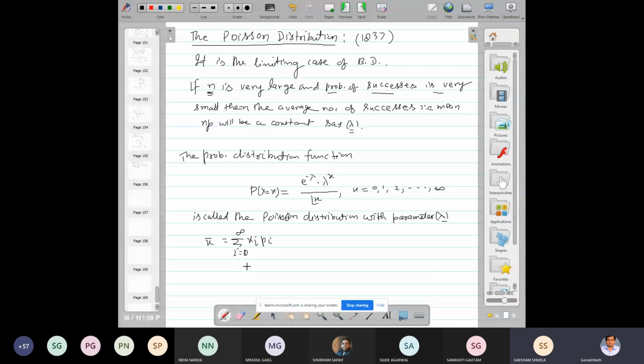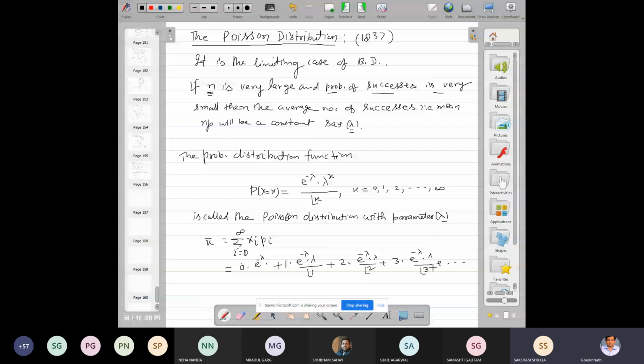For x equal to 0, the first term becomes 0 into pi, where pi is e to power minus lambda, lambda to power 0 upon factorial 0, so 1, plus 1 into e to power minus lambda, lambda upon factorial 1, plus 2 into e to power minus lambda into lambda square upon factorial 2, plus 3 into e to power minus lambda into lambda cube upon factorial 3 and so on.